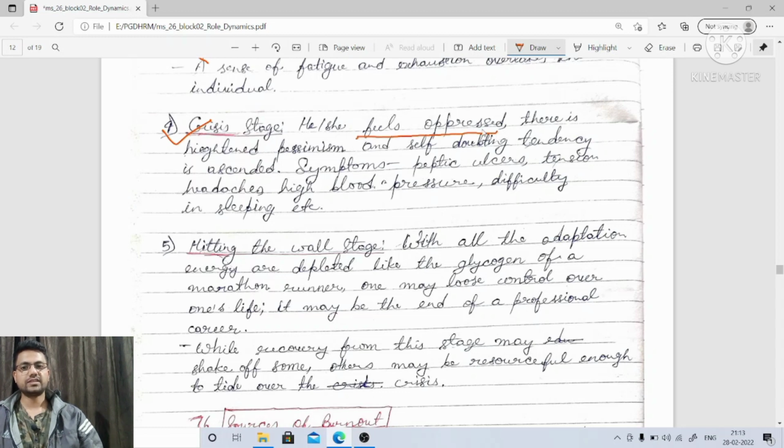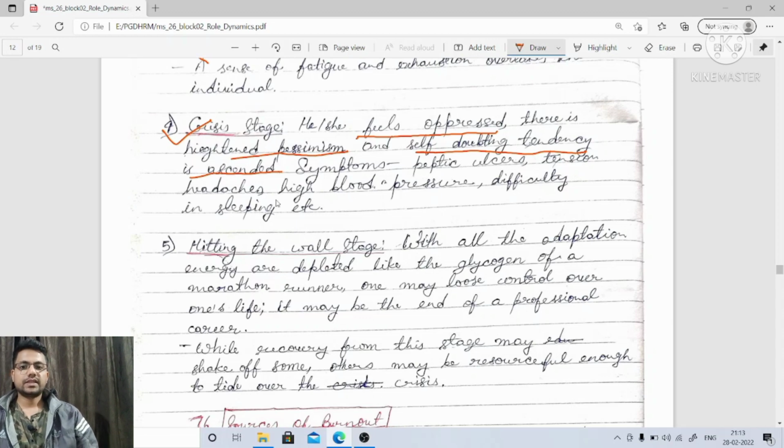There is heightened pessimism and the self-doubting tendency emerges. So at the crisis stage, the person feels oppressed, with an increased level of pessimism and self-doubt. Symptoms are peptic ulcers, tension, headaches, high blood pressure, and difficulty in sleeping. So these are the symptoms of the crisis stage.